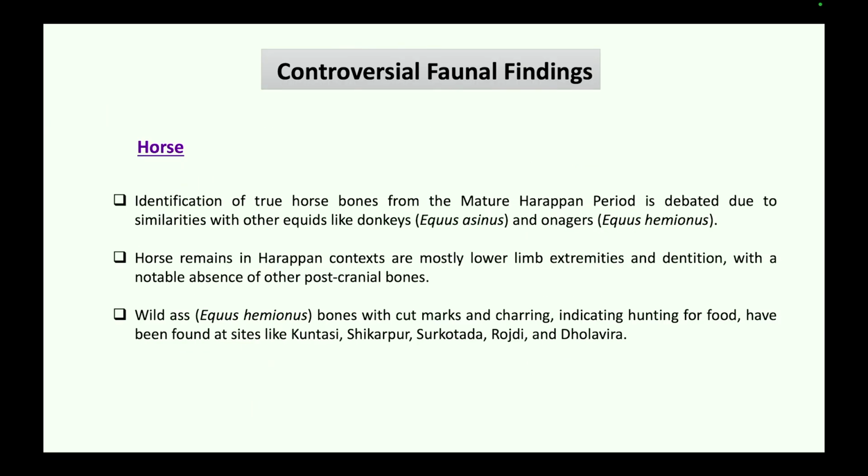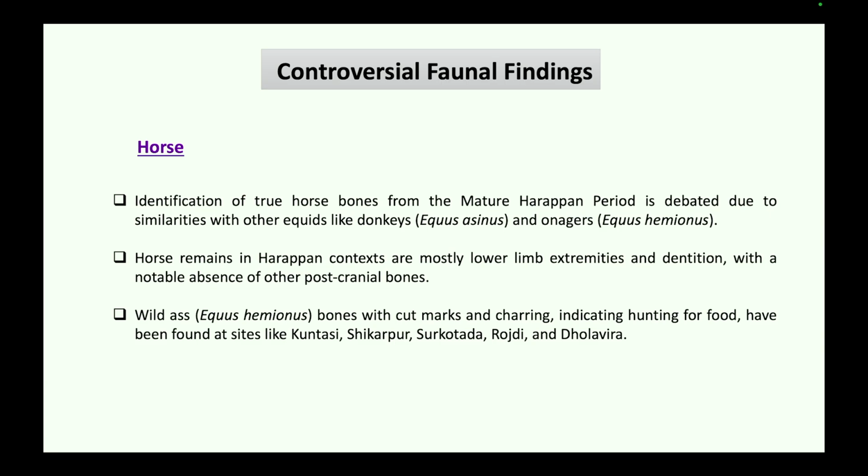Now the controversial faunal findings, yes, it is horse. The identification of true horse bones from the mature Harappan period is debated due to similarities with other equids like donkey, Equus asinus, and onagers, Equus hemionus.